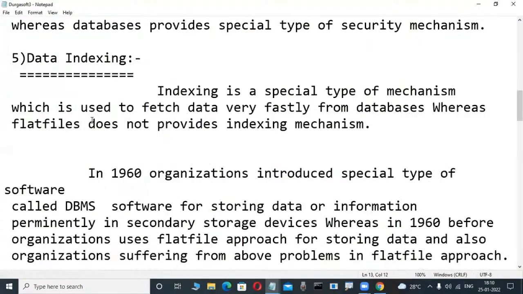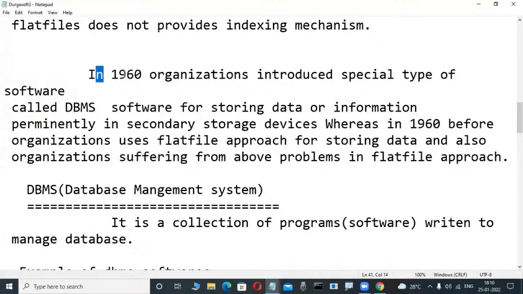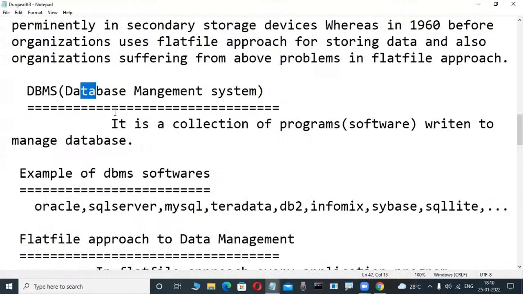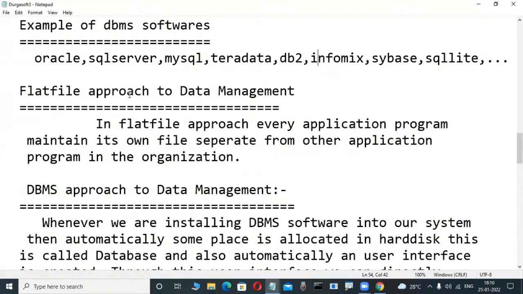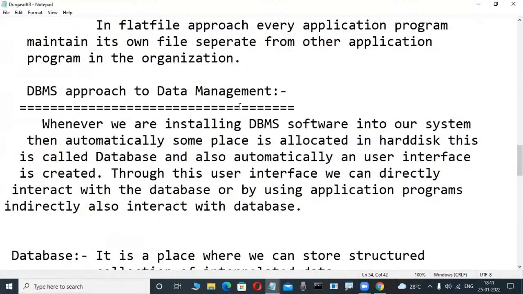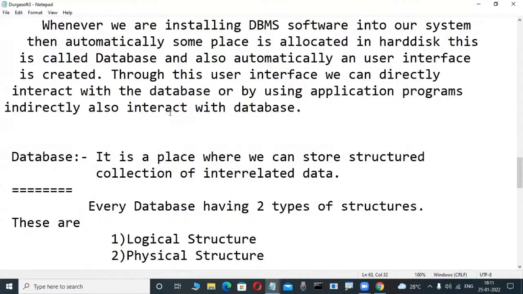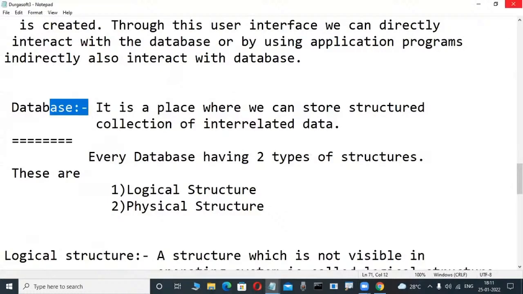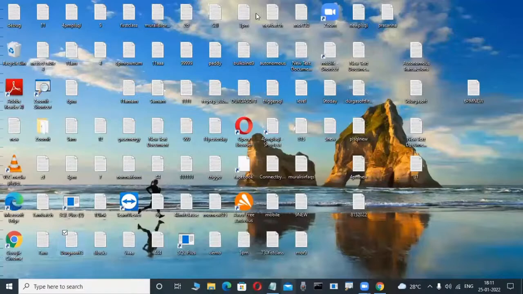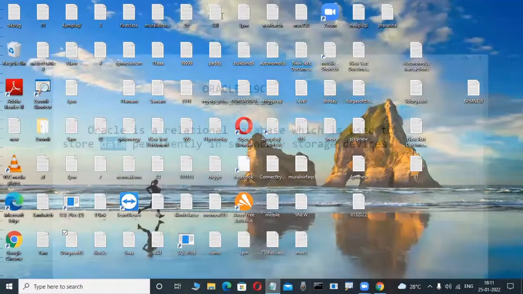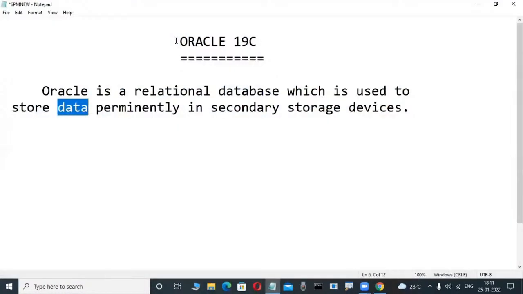Then from 1960 onwards they introduced special software, DBMS software, like Oracle and SQL Server. Then the DBMS approach to data management and its advantages. We are learning this one of these days. Not first, because first you would be confused. That's why we are showing practical directly, so you understand.